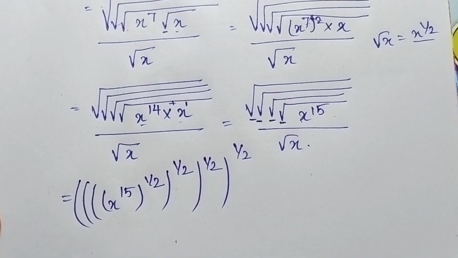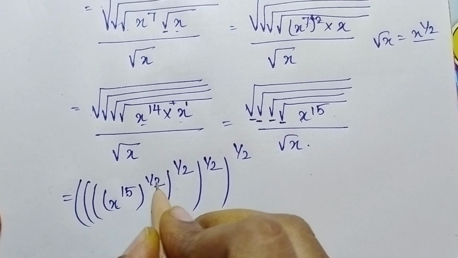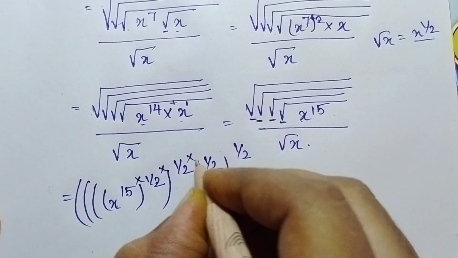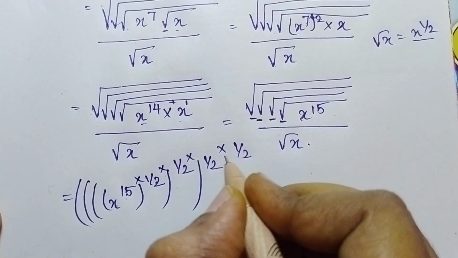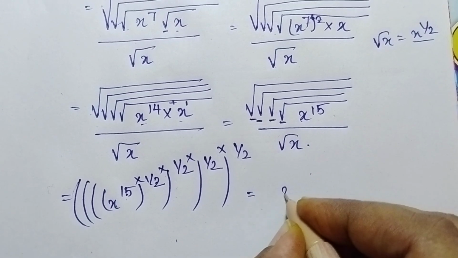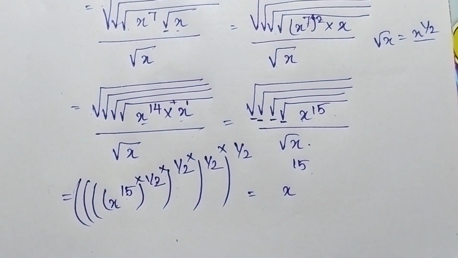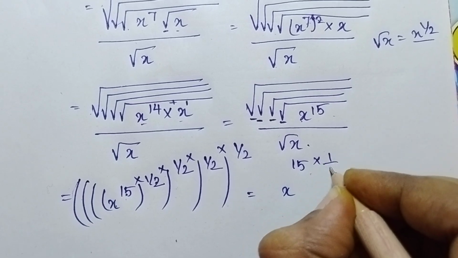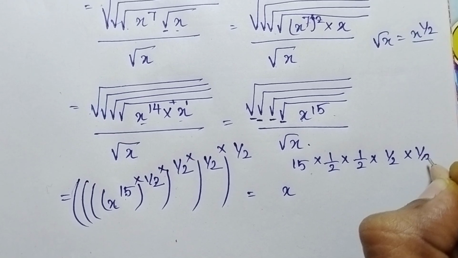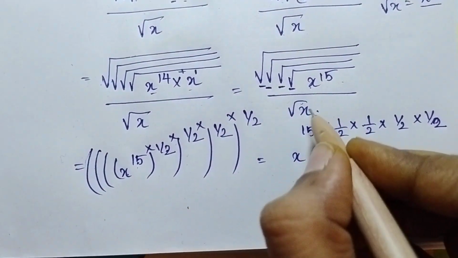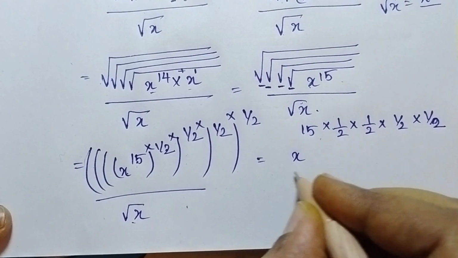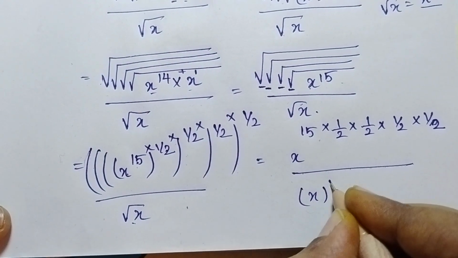If it is a power of a power, the whole power, we can multiply everything. The bracket is important. Then this can be written as x power 15 into 1 by 2 into 1 by 2 into 1 by 2 into 1 by 2. Here divided by root x is there, so put this root x here also. Root x can be written as x power 1 by 2, right?